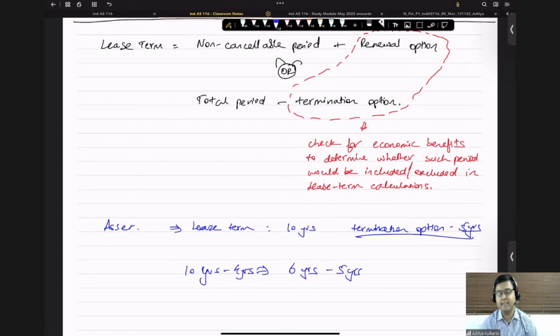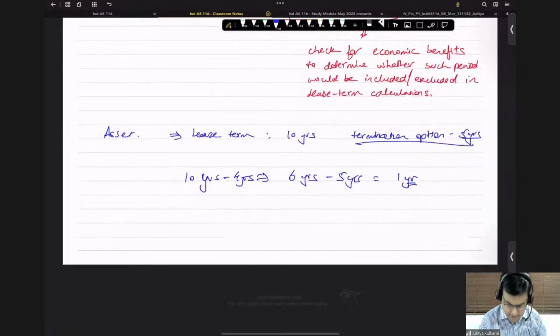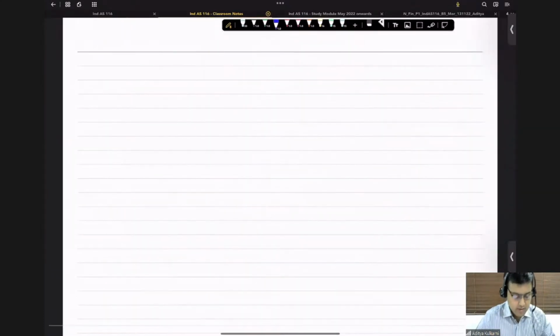So this 5-year cancellation will be a reassessment of the lease term, and ultimately at the end of the fourth year you will have lease asset and lease liability of only 1 year. So this is just a reverse case also: termination option not exercised initially, exercised subsequently. That also is perfectly possible. Have you understood? Yes.